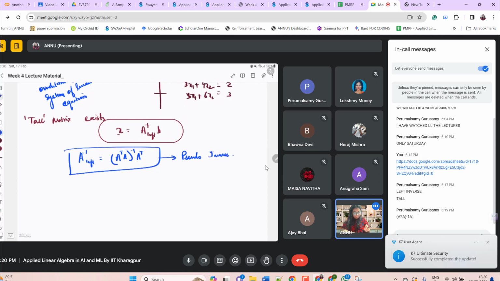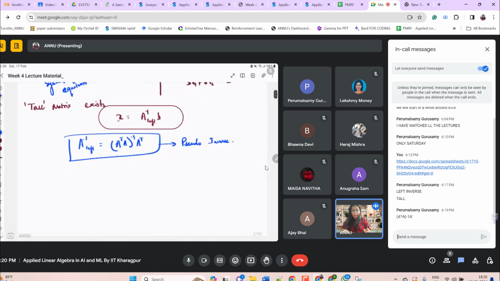If A has only real numbers, then you will do the transpose. Otherwise, you will do the Hermitian matrix. This is equal to (A Hermitian A) whole inverse A Hermitian. What is the Hermitian matrix?